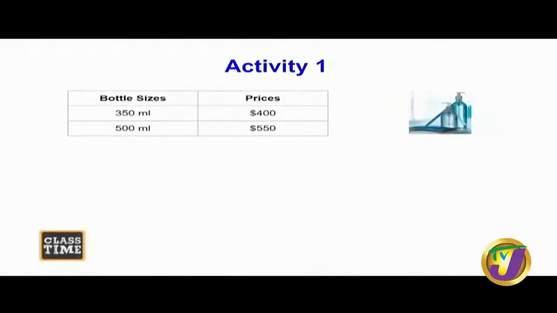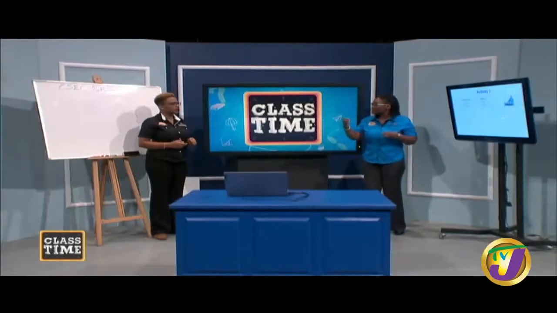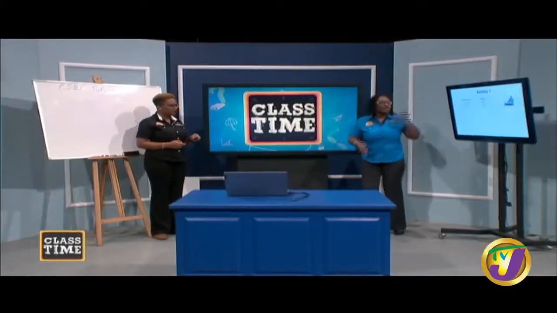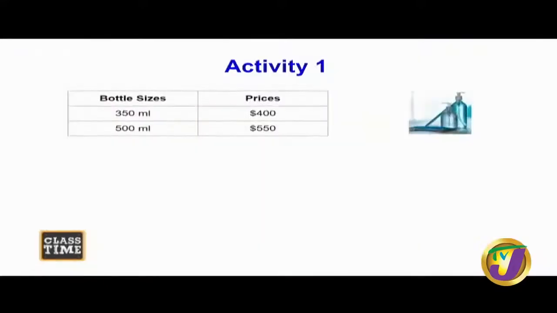Since we're going to be looking at the same quantity, we're using the same quantity and then comparing prices for that same quantity. Now, we see 350 milliliters and 500 milliliters. Clearly, these are not the same quantity.